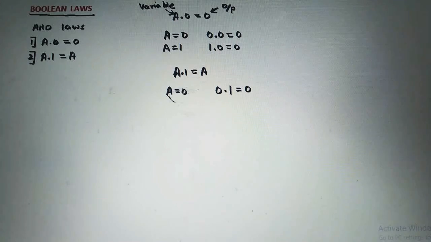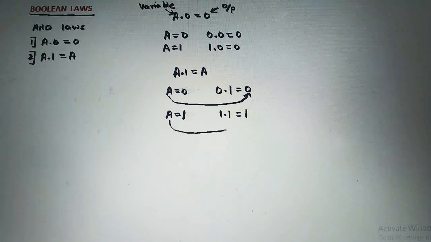Here at the output we get the value of A. Next we check with A equal to 1. So 1 dot 1 is equal to 1, and again the output is the value of A. So we can write A dot 1 is equal to A.